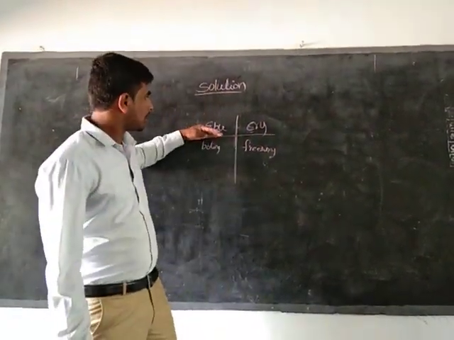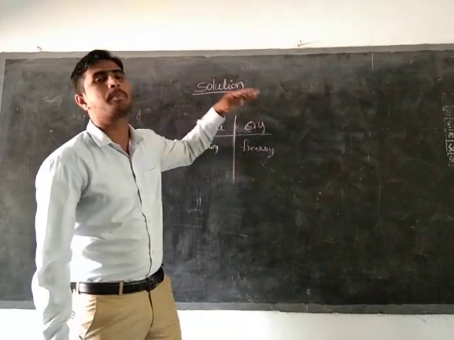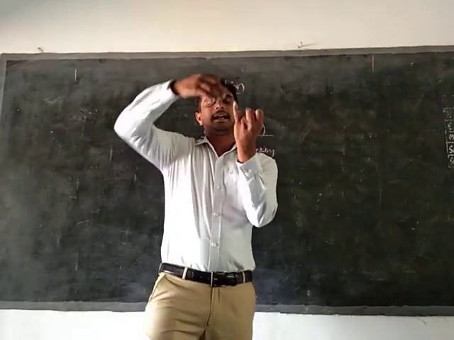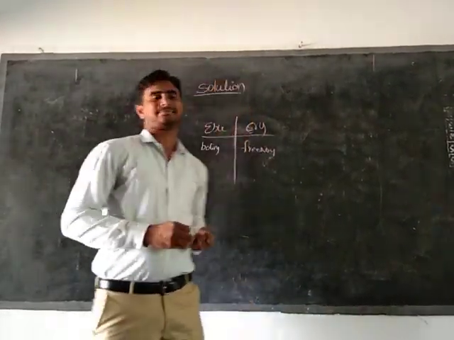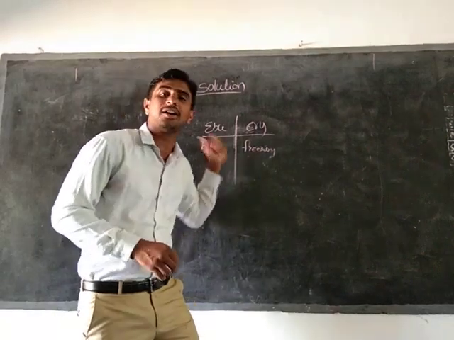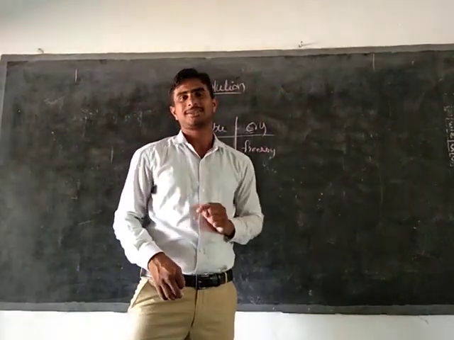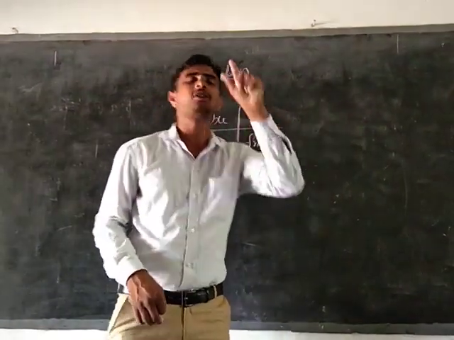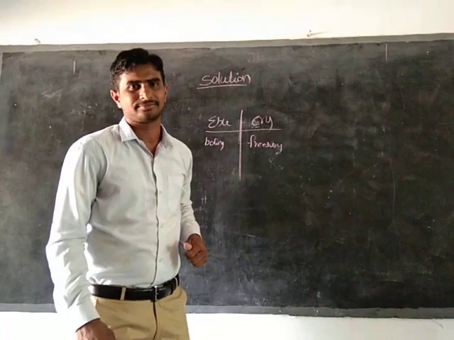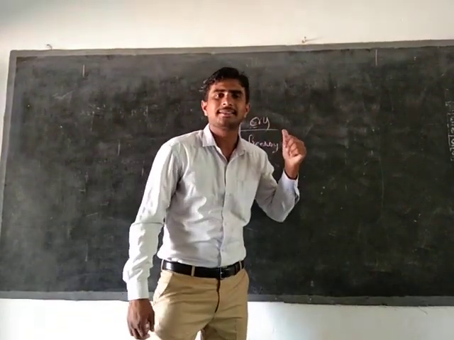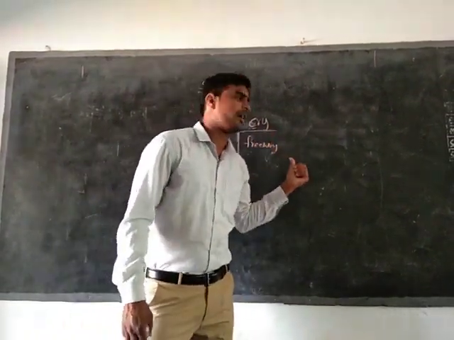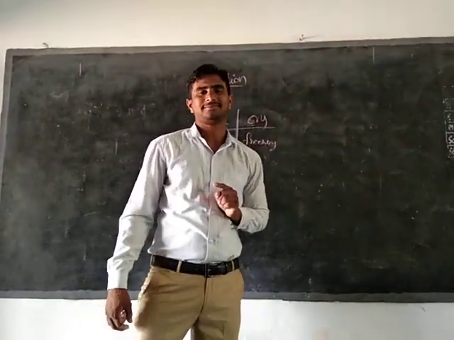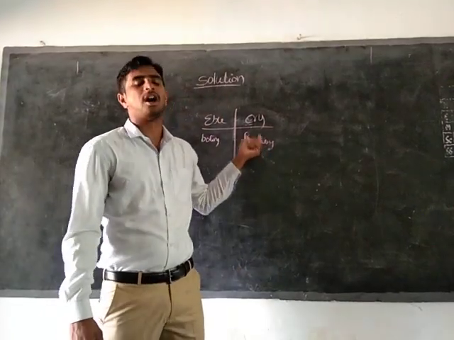Once again, ebullioscopic means the elevation of boiling point observed in a 1 molar solution containing a non-volatile solute. Cryoscopic means the depression of freezing point observed in a 1 molar solution containing a non-volatile solute.